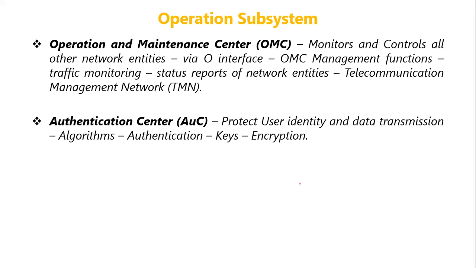Otherwise, anybody can just tap into a wireless network if they know the frequency at which the communication is happening, and tapping a mobile phone is also not that difficult. So an authentication center is required. That is the primary role of the authentication center.